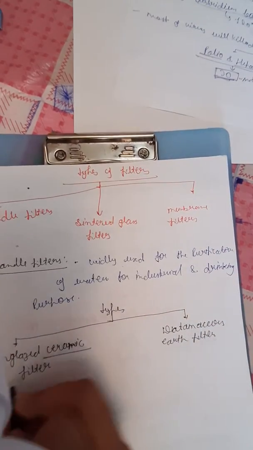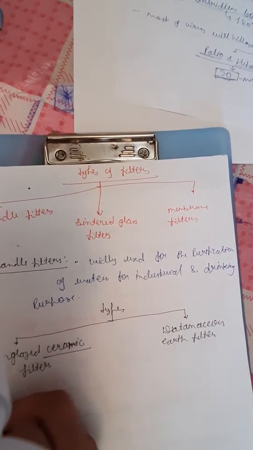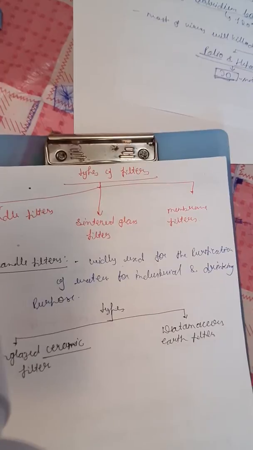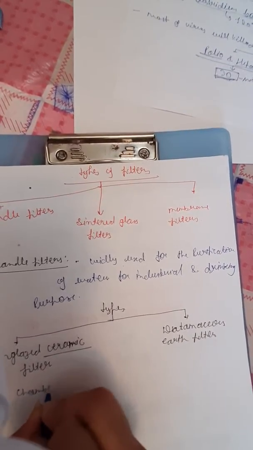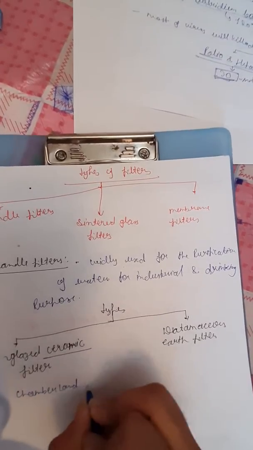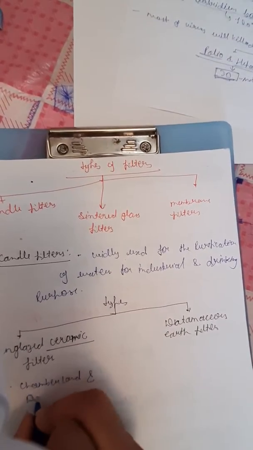For the unglazed ceramic filters, examples are Chamberland and Dalton.